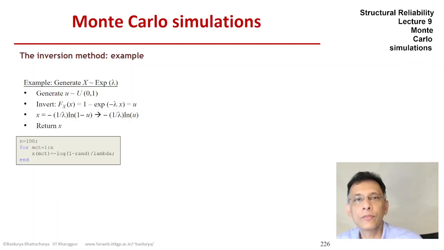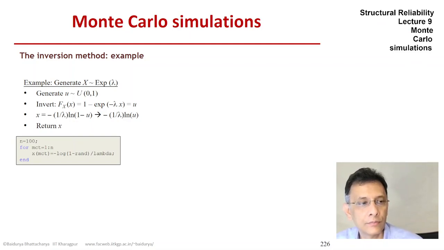Here I have this small MATLAB code. So let's say we are generating 100 exponentials, and so the counter goes from 1 to n, and for each of those I generate one uniform by the command rand and subtract that from 1.